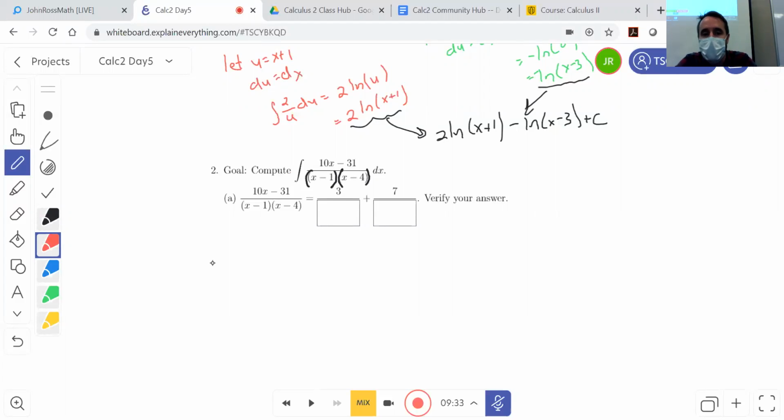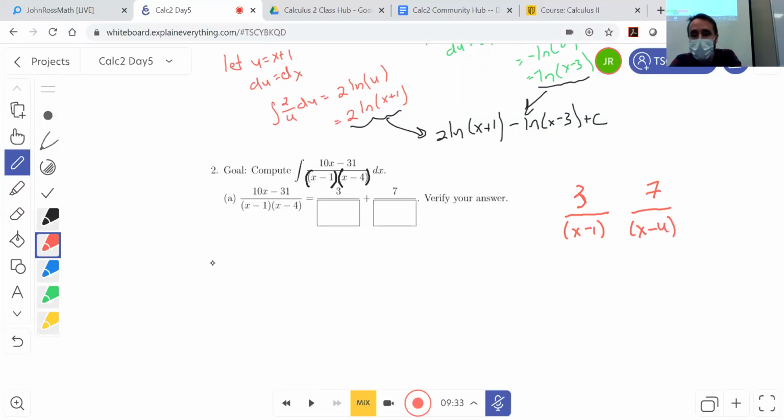We can do this by guess and check, or rather just trying one and seeing what happens. So if we try to put the x minus 1 over here, it becomes 3 over x minus 1 and 7 over x minus 4.